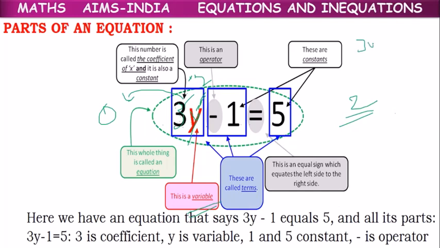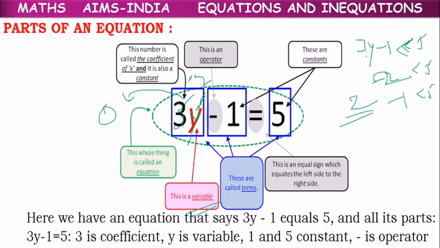Suppose we have 3y minus 1 is less than 5. To make this statement true, we can keep 1. If we keep 1, 3 into 1 is 3, 3 minus 1, we get 2. 2 is less than 5, correct. If we keep 0, 3 into 0 is 0, 0 minus 1 is minus 1, and minus 1 is less than 5.